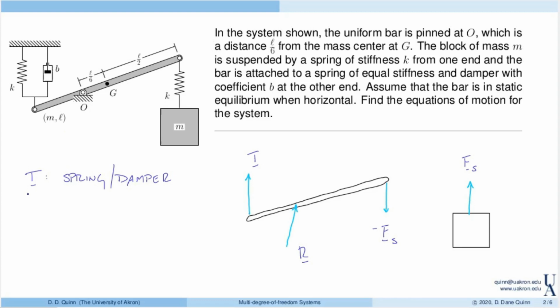R is the reaction force acting at the pin. It's a constraint force. And then finally, Fs is the spring force between the end of the bar here and the mass. So again, that will also be defined by a constitutive law.